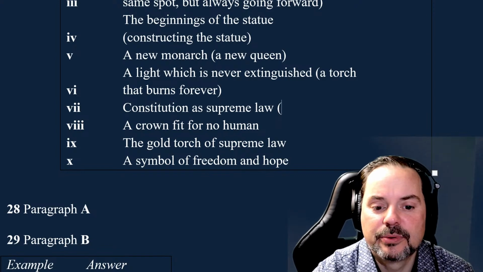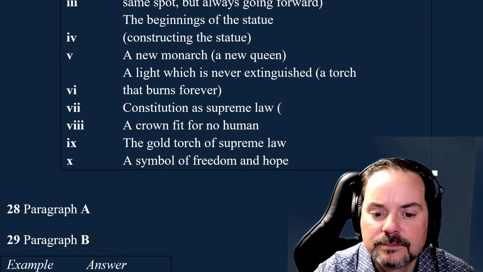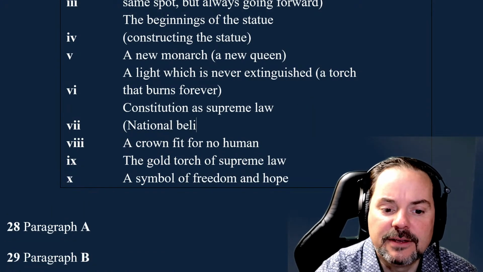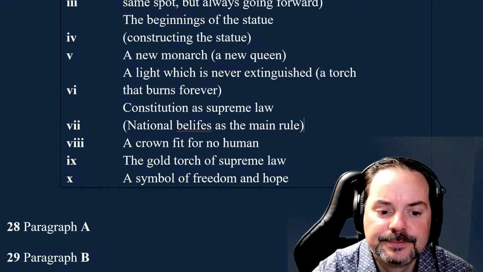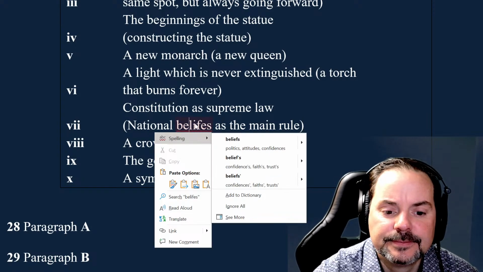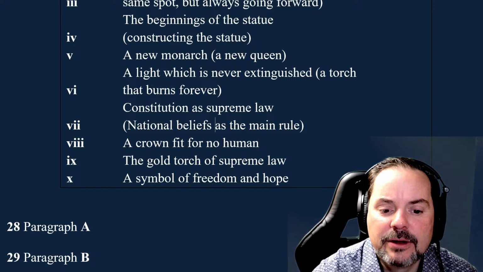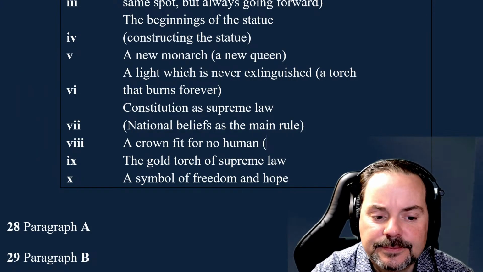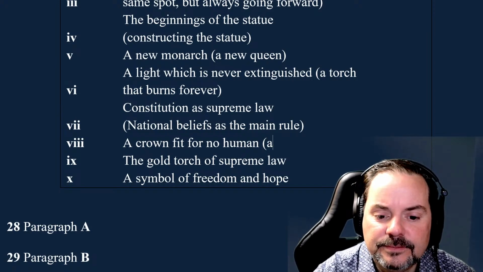Constitution as supreme law. National beliefs as the main rule. A crown fit for no human.